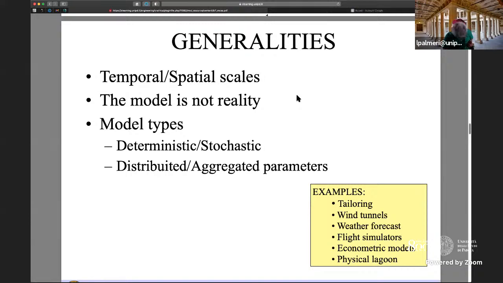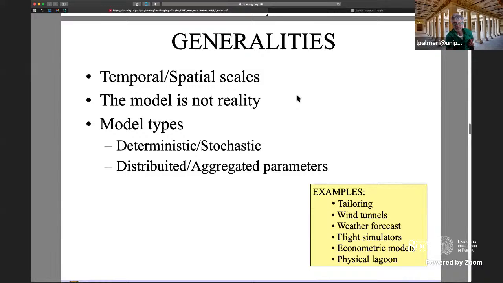And from these measures, the tailor employs his tailoring modeling skills to build a dress that fits your body. This is an example of how a model may be employed to build or construct physical objects.